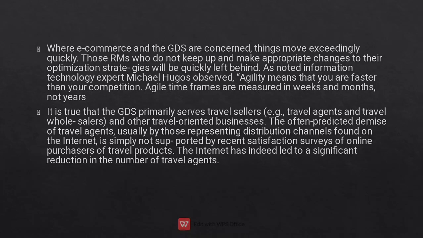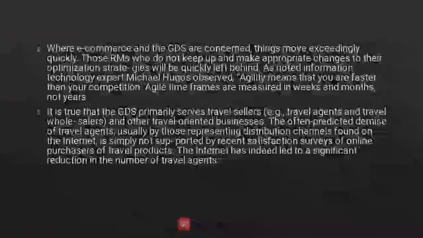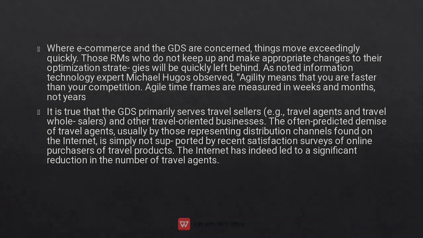Where e-commerce and the GDS are concerned, things move exceedingly quickly. Those RMs who do not keep up and make appropriate changes to their optimization strategies will be quickly left behind. As noted information technology expert Michael Hugos observed, agility means that you are faster than your competition.